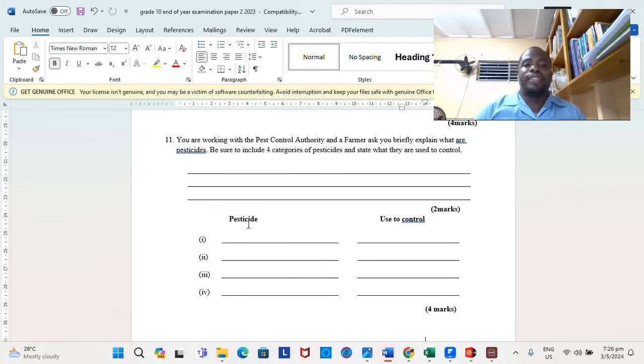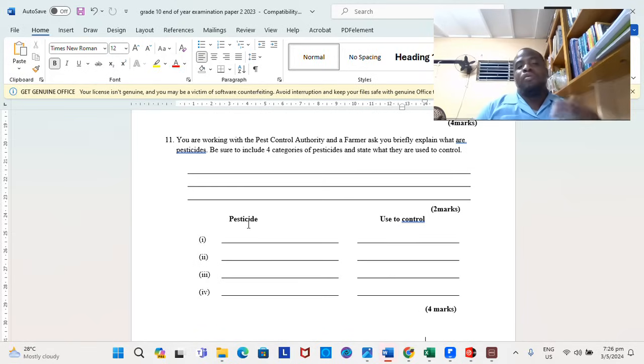We have nematicide. We have some nematodes, some small microscopic worms that live on the roots of plants. And so the nematicide is used for those. We have rodenticide, your popular rats and rodents, and we know they are able to transmit or carry diseases, leptospirosis.